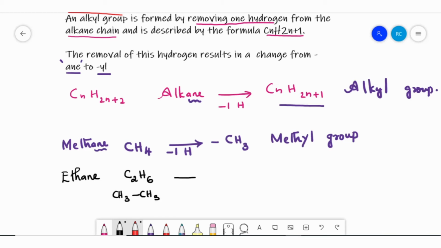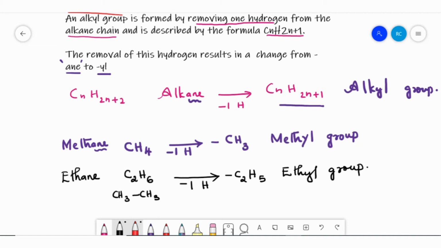Now when you remove one hydrogen from ethane, minus 1H, the formula becomes C2H5. This is called the ethyl group. Similarly, you can derive any alkyl group from the corresponding alkane.